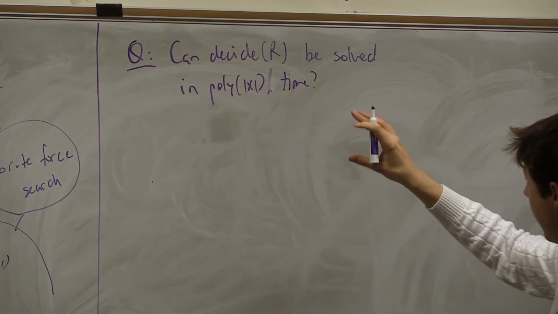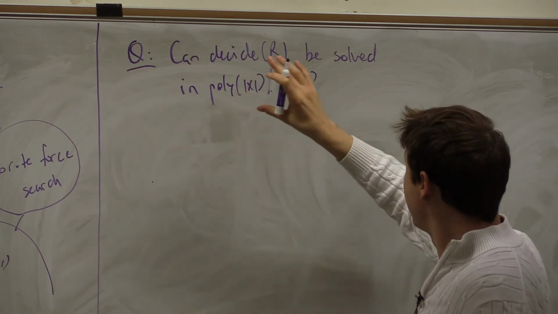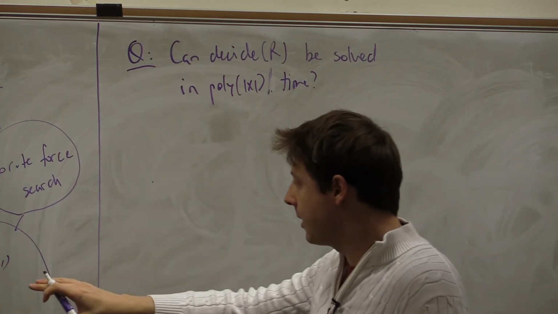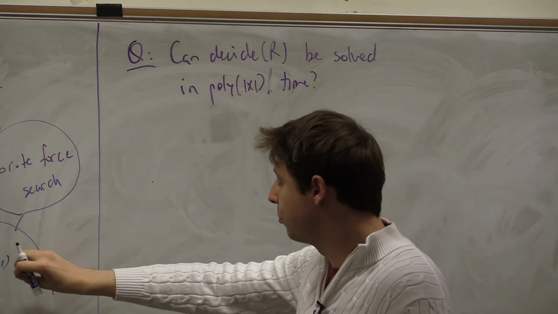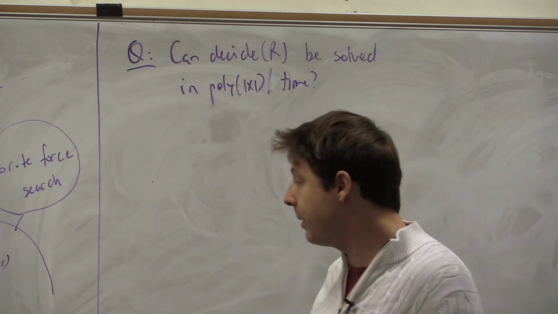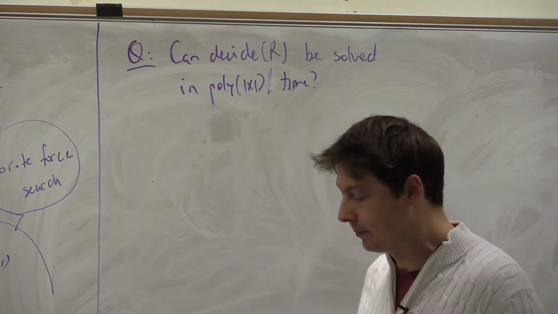And now, from this perspective, we see that solving the problem in poly X time basically is a smarter alternative to brute force search that teaches you something about the problem, because you're solving the problem without looking at all the solutions. All right?